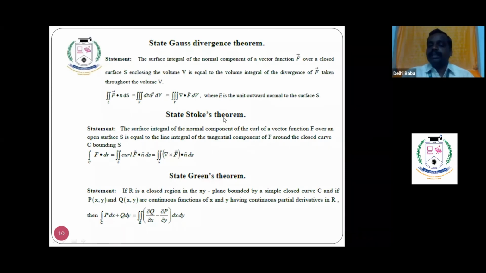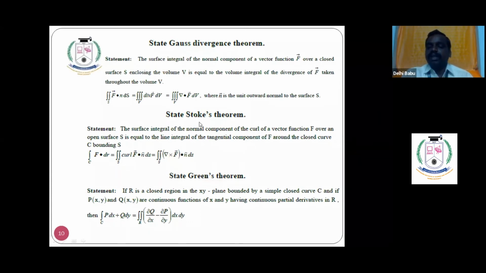Similarly, Stokes theorem is nothing but the integral of f vector dot dr is equal to double integral over S of curl f vector dot n cap into ds. What is curl? Del cross f vector. Divergence means del dot f, curl is del cross f.